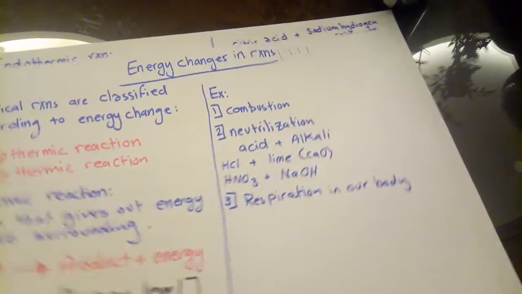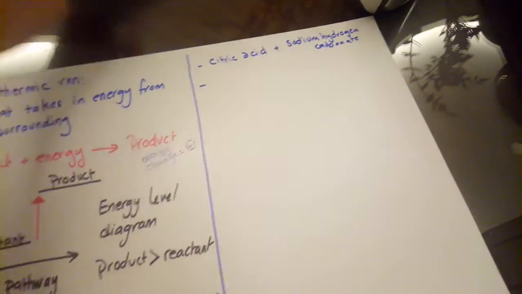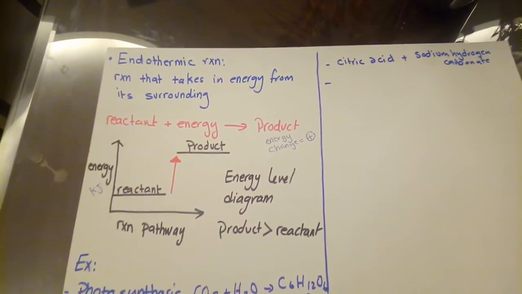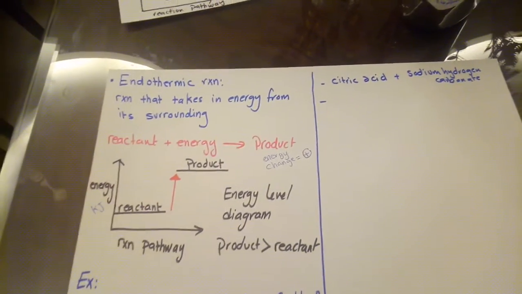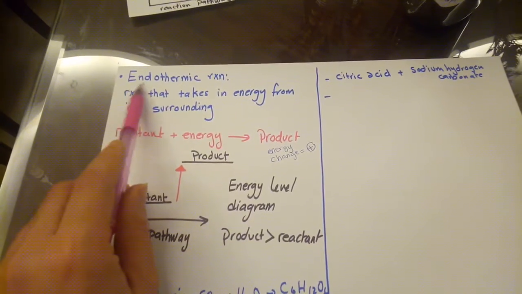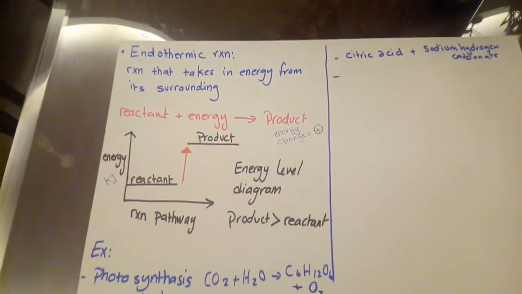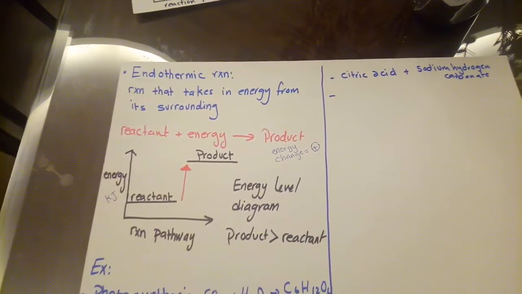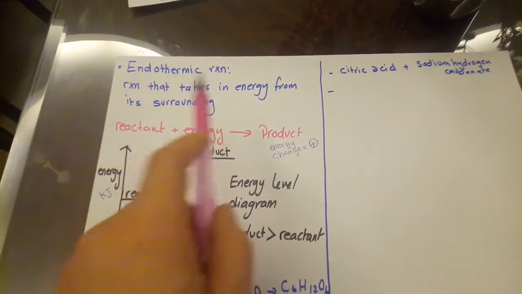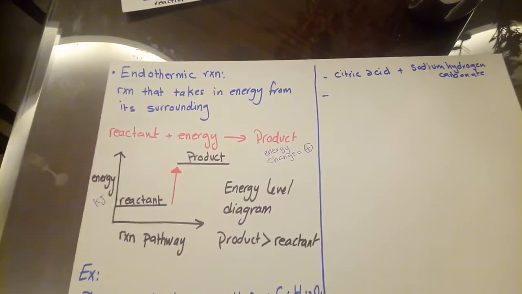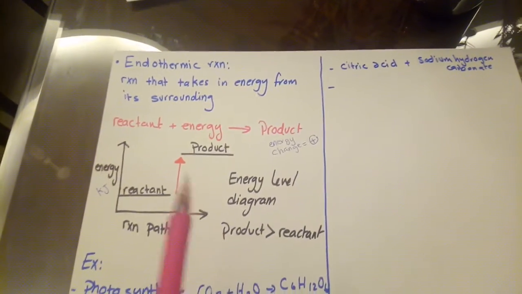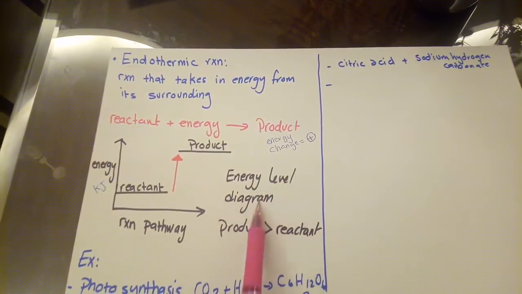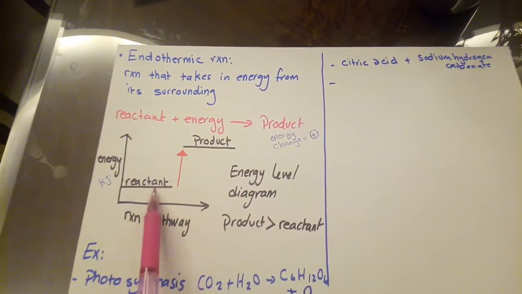Okay, the next type of chemical reaction, according to energy change, is called endothermic reaction. In endothermic, the first part is endo, so the energy will be taken, or absorbed. A reaction that takes energy from the surrounding is an endothermic reaction. Showing it on an energy level diagram, reactants absorb energy in order to give the products.